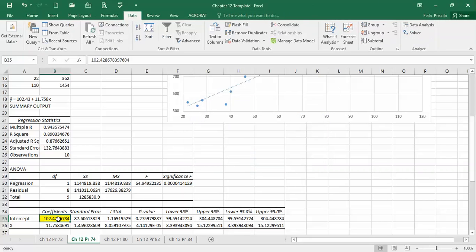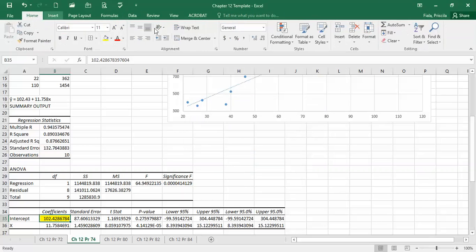Not only does it give me the y-intercept, I can just reduce the number of digits. Here we go. I have my slope x, correct? Let's leave it like this so it matches over here so you can see.